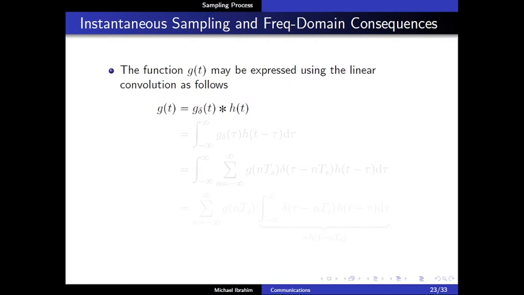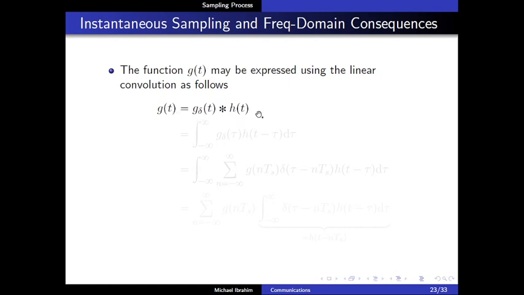So when you filter a signal, you multiply the spectrum of the signal with the frequency response of the system, and this is equivalent to convolving the signal with the impulse response. In other words, if we have an LTI system with an impulse response h of t and an input g delta of t, the output is a linear convolution between the input and the impulse response.